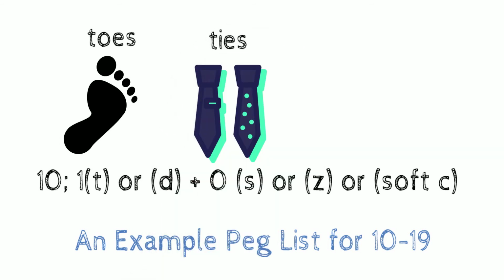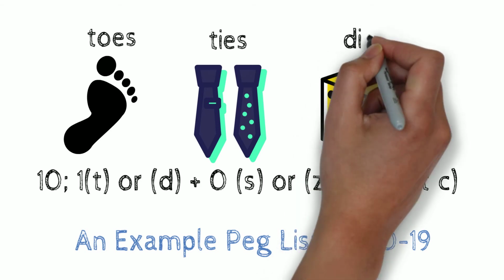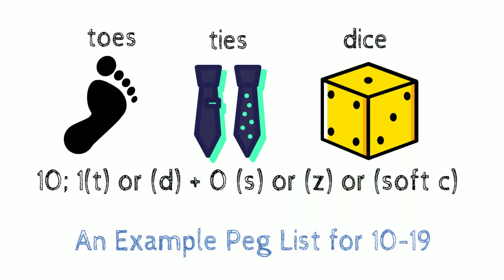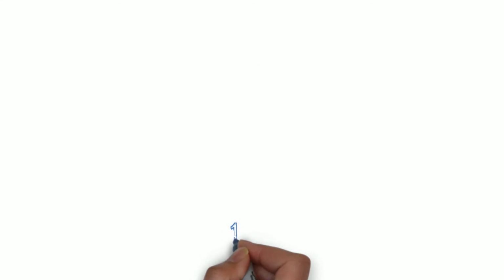If you use D for number 1, you can come up with words like dice, does, dies, and so on. If you don't understand what I mean, please watch part 3 of this series where I talked about the consonants and the sounds representing numbers 0 to 9.